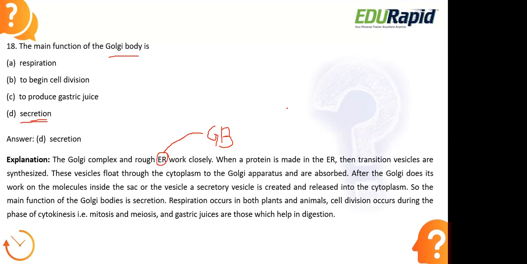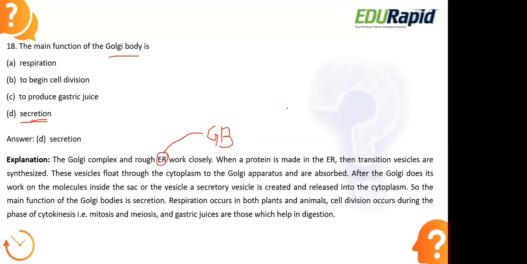Basically, in the endoplasmic reticulum, transition vesicles are synthesized and released to the cytoplasm. This reaches the Golgi bodies. Here in the Golgi bodies, secretory vesicles are created as well as synthesized and released to the cytoplasm.